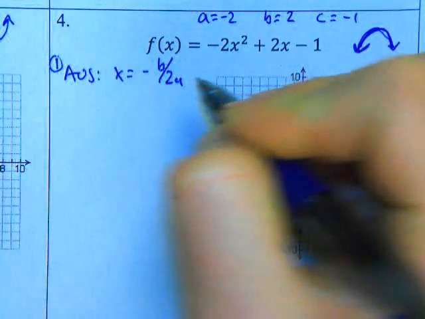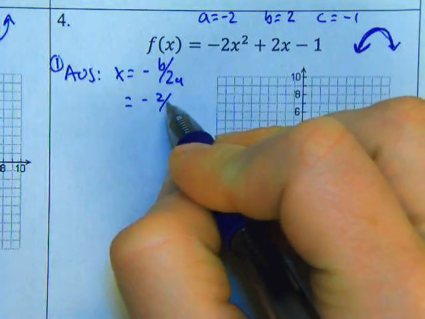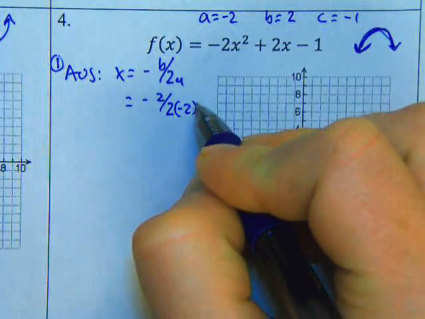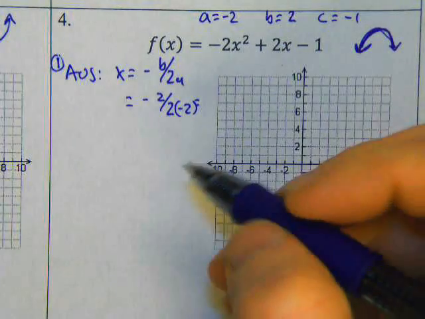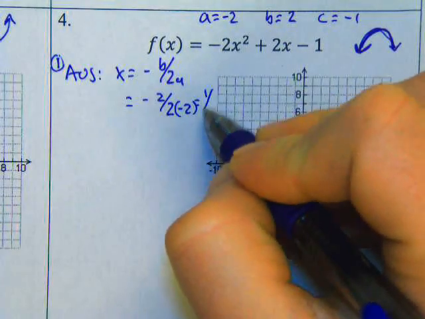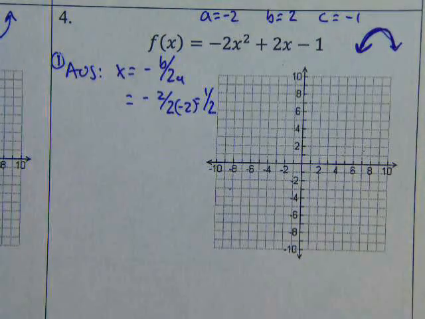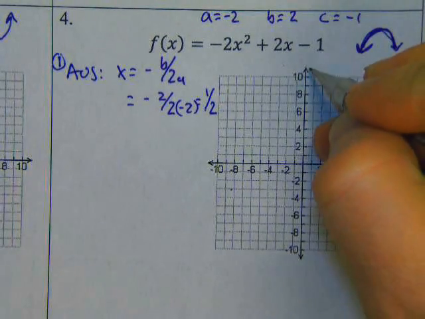Plug and chug. -2 over 2 times -2, which is going to get me -2 over -4, which is 1/2. Okay, so a little bit different here. Let's go ahead and get a line of symmetry. So x equals 1/2 is the line of symmetry.